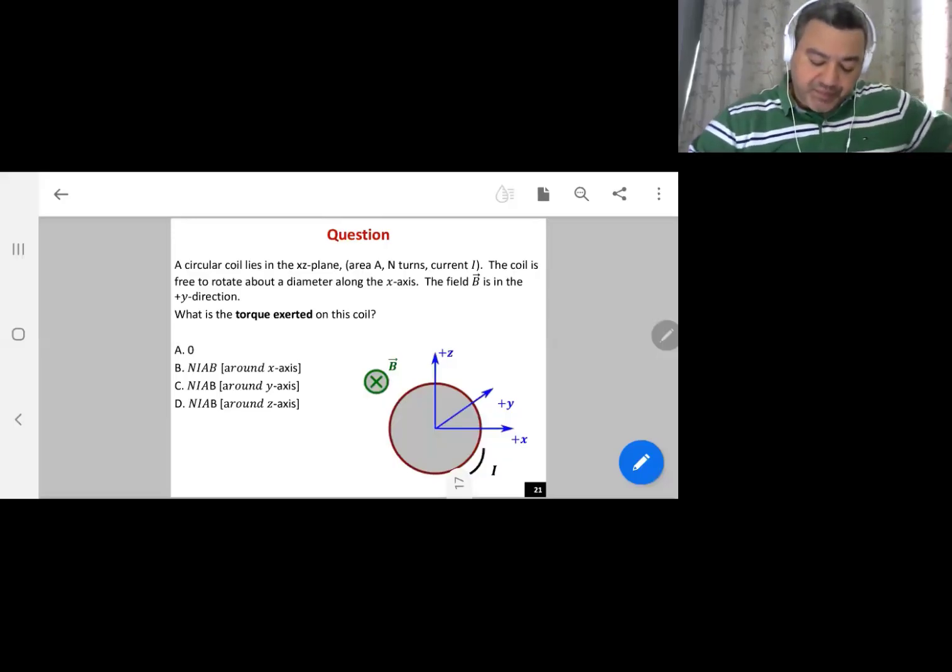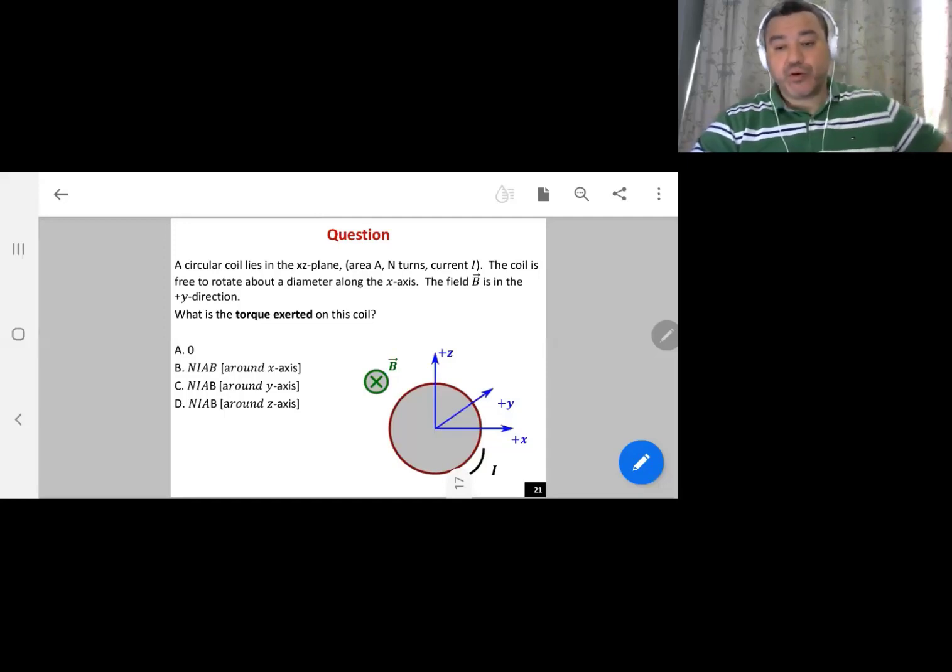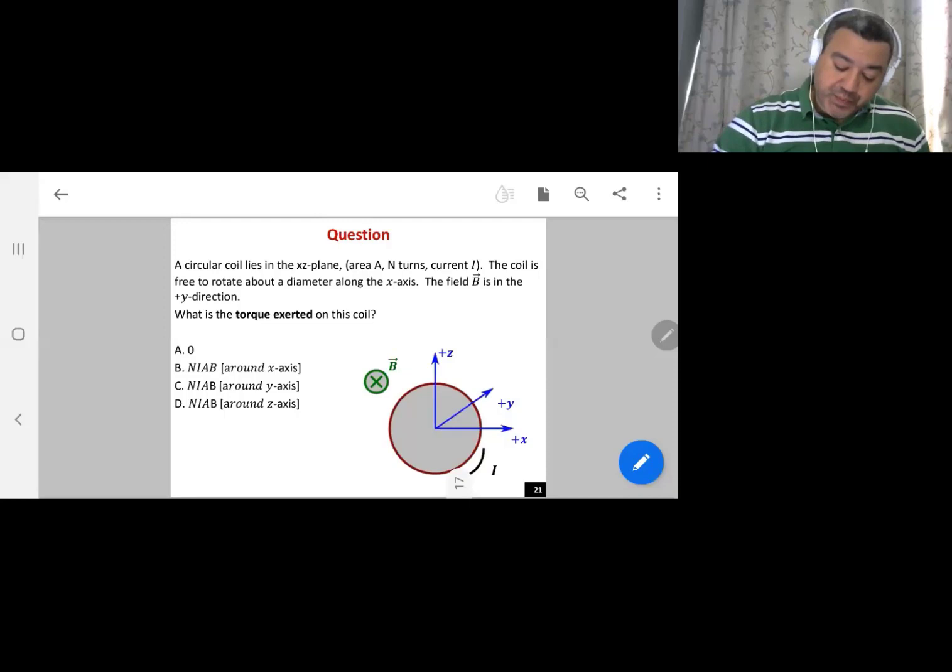Okay, so we finished at a question where we wanted to calculate the exerted torque on a loop.